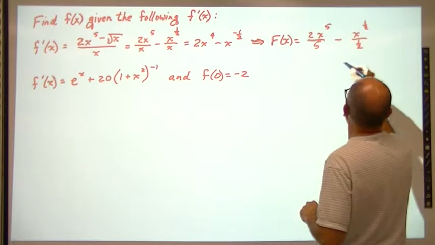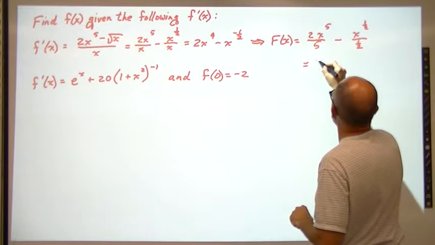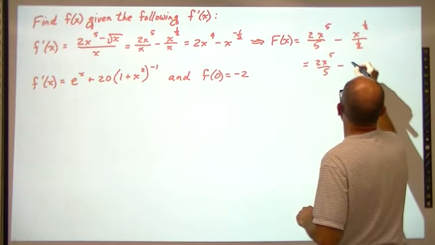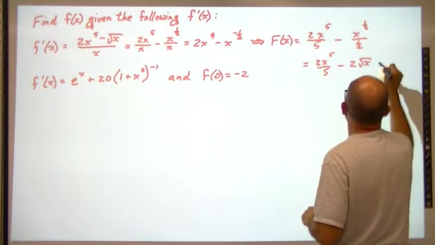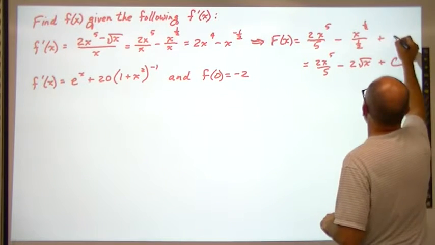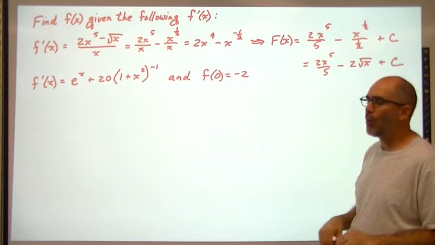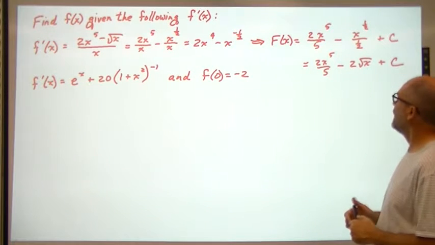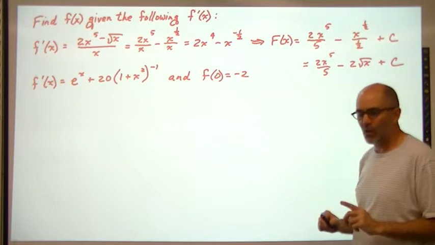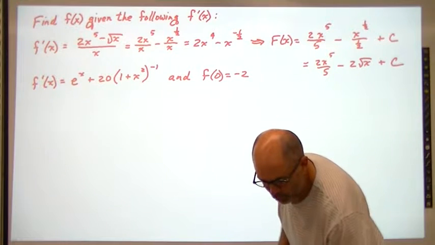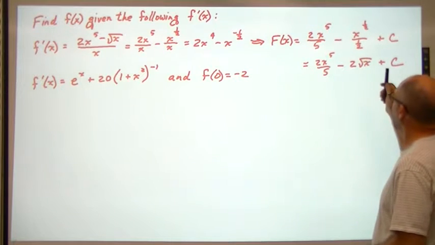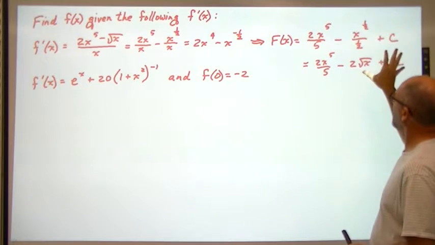So that means we've got 2x to the 5th over 5 minus 2 square root of x plus c. But don't forget, that's always part of your final answer. If you don't have a plus c there, then hackage will ensue. Don't let that happen to you. Okay, so there's your final antiderivative.